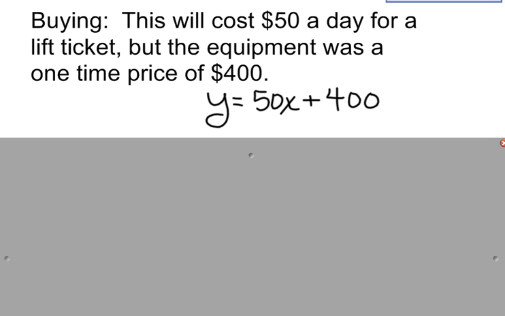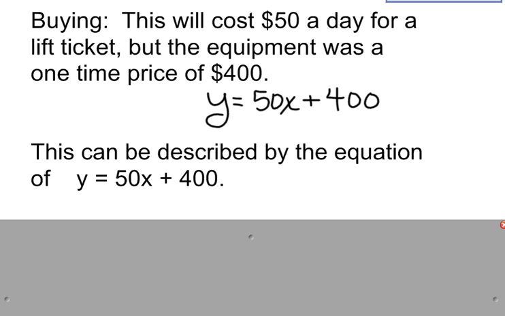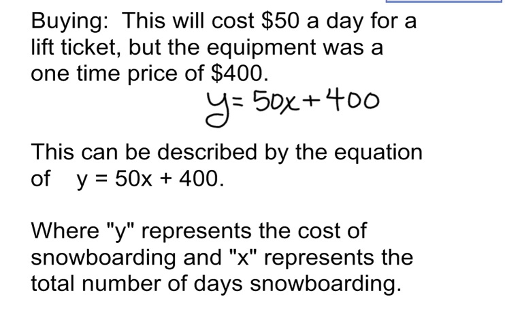I'm only going to pay that once. So my equation then is 50x plus 400. And it's the same thing as before, where y is the total cost. 50 is how much I pay every day, and on top of that, I had to pay $400 to buy my equipment.